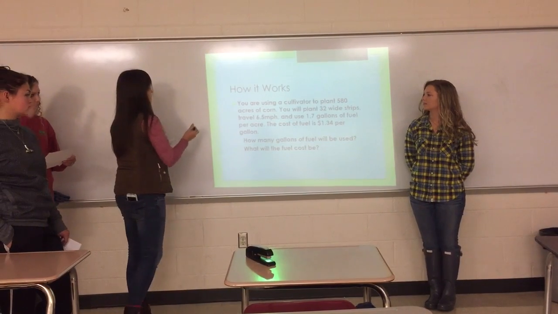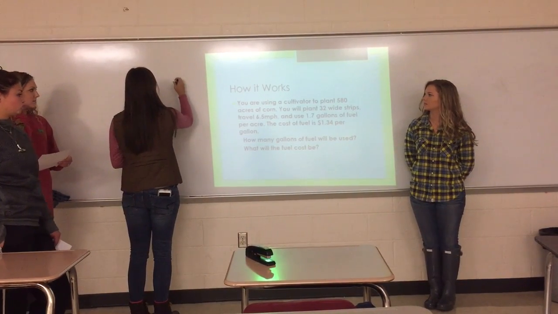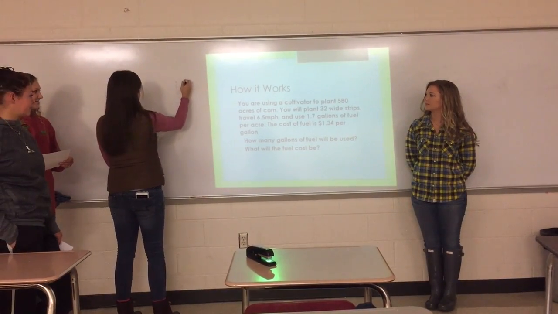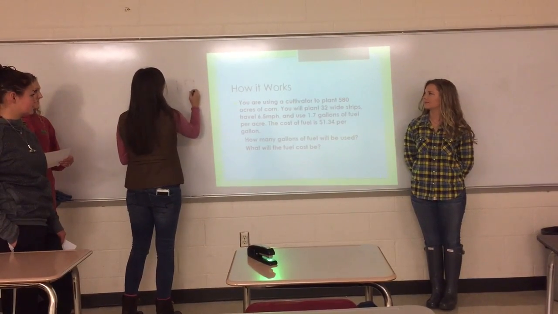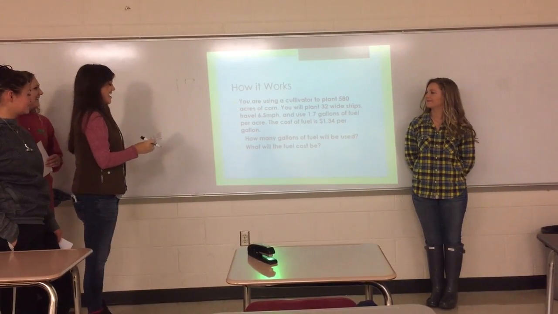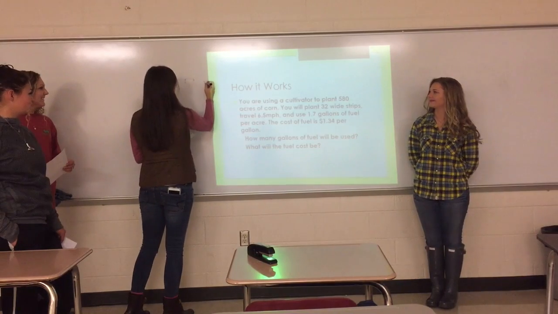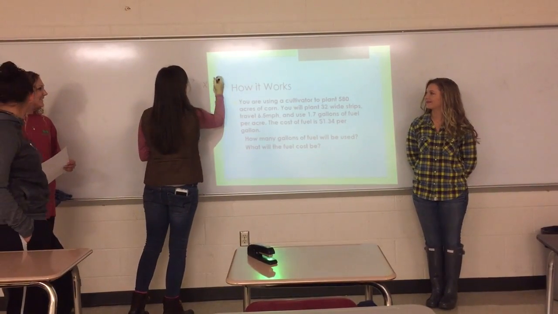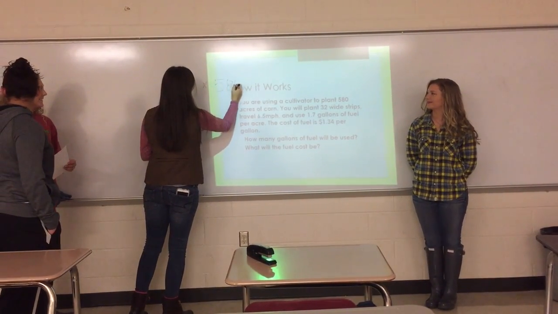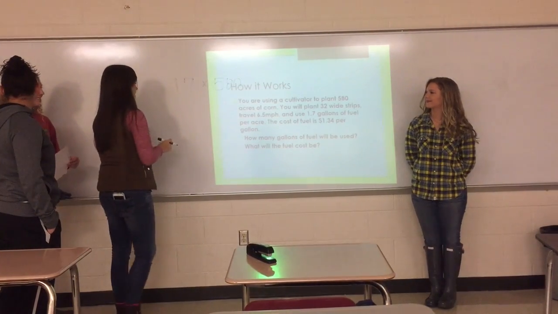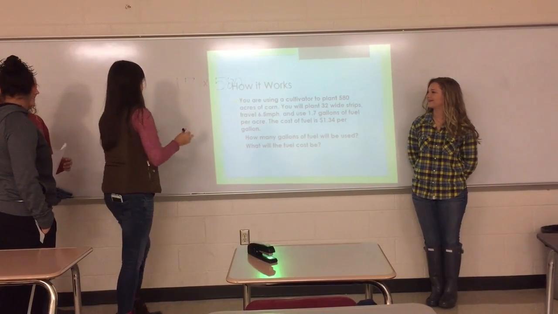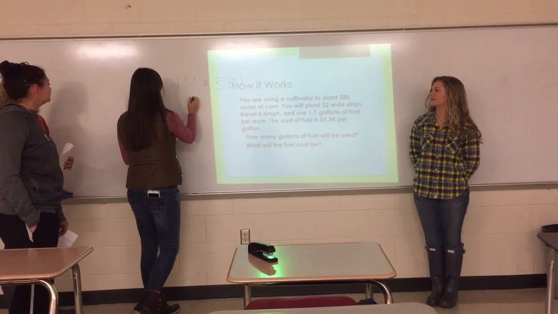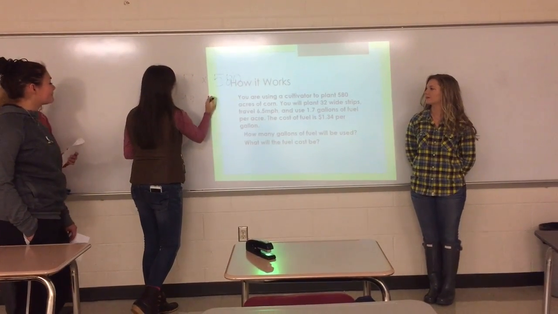So first, we need to multiply the gallons per acre, which is 1.7 gallons. Sorry about my marker, it's not the best. And then you need to times it by 580 acres. And then you will get 986 gallons.